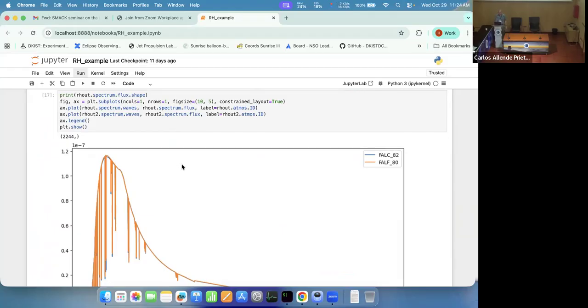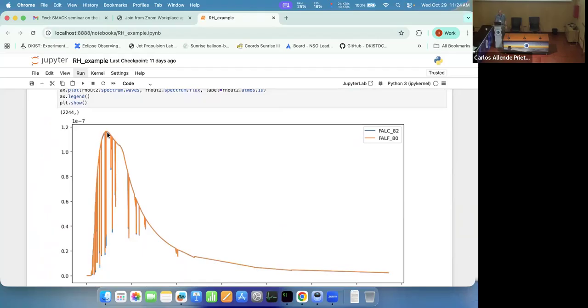And you see that they're only different here, mostly at the maximum of the intensity or the flux, because this is also where the H- opacity is maximum, and so this forms higher in the atmosphere. So the hotter model has slightly a larger flux at these wavelengths.